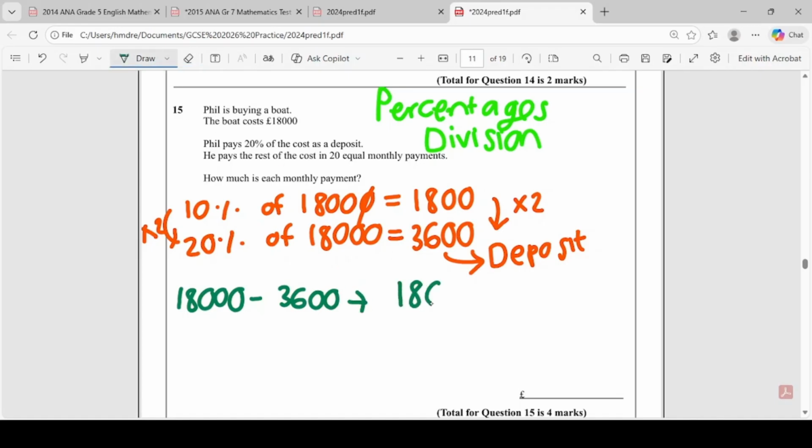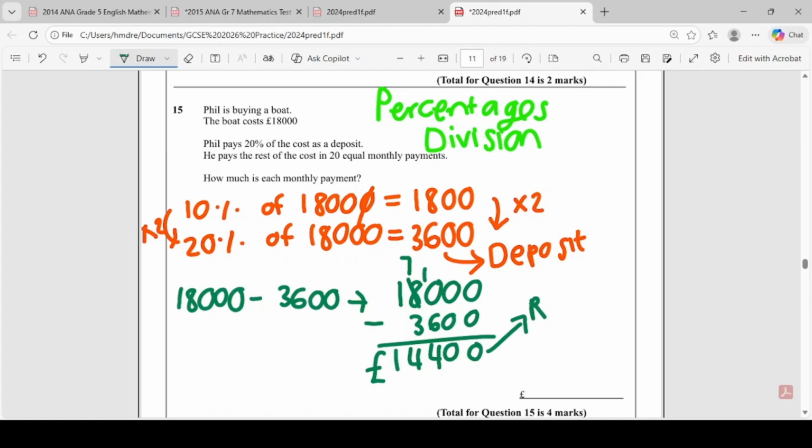So 18,000 take away 3,600. 0 take away 0 is 0, 0 take away 0 is 0, 0 take away 6 we can't do, so that's going to be 7. 10 take away 6 is 4, 7 take away 3 is 4, 1 take away nothing is 1. So that is the remaining amount he's going to pay off.